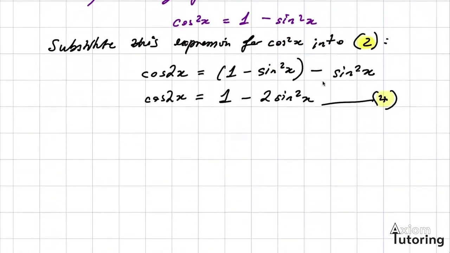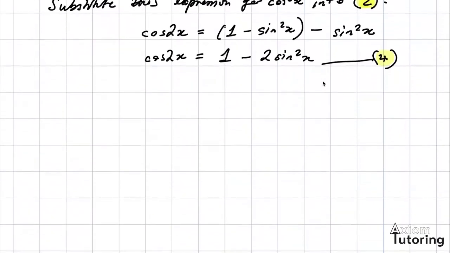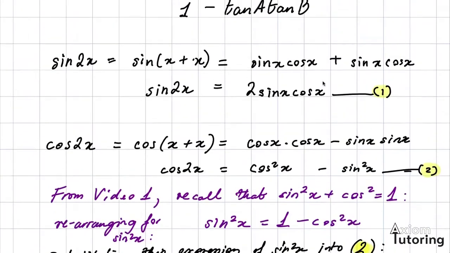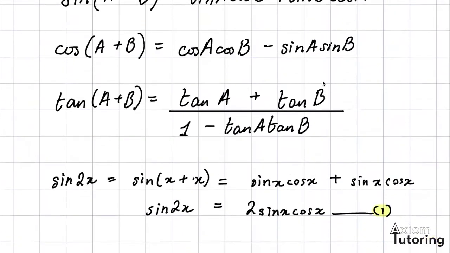And so the last one we're going to do is tan. So just as we did before, we're going to express tan of 2x as tan x plus x. And let's have a look back at what our compound angle formula for tan is. So it's right here.